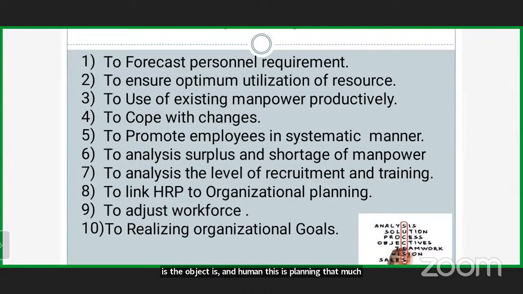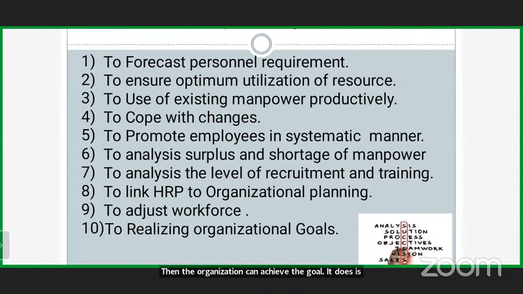It is the foundation level of the organization. The organization's success or failure depends on human resource planning, no? If we do human resource planning properly and successfully, then the organization can achieve the goal. If we cannot do the human resource planning properly, it is very difficult to sustain the organization.